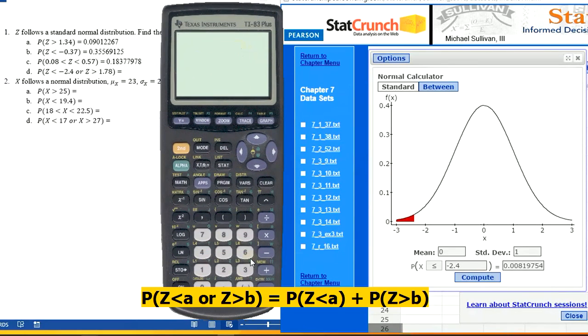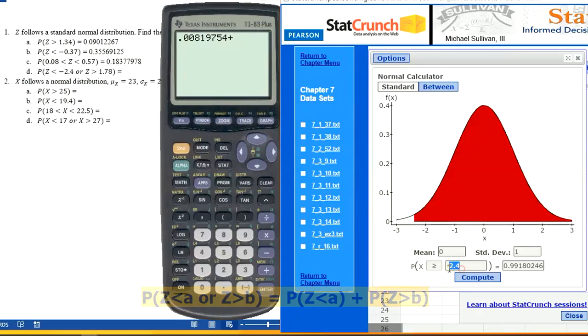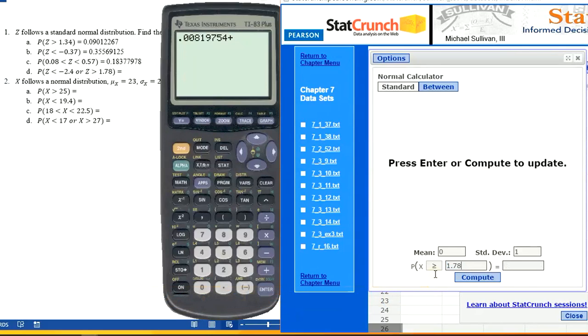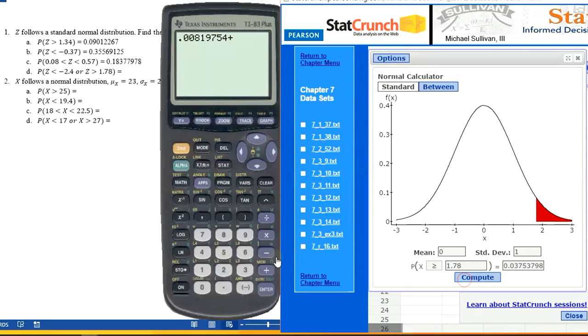So we have this probability is 0.0081974, and then we can go greater than 1.78, compute that, get our other tail, 0.0375798.